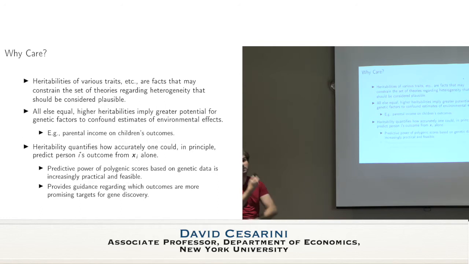A second reason is that heritability is kind of a necessary condition for gene discovery. All else equal, if you have a choice of doing a GWAS of either a phenotype with a modest heritability or one with a higher heritability, you probably want to go for the one with the higher heritability. I think that's a good way to pause before we start talking about BG and the basic approach.